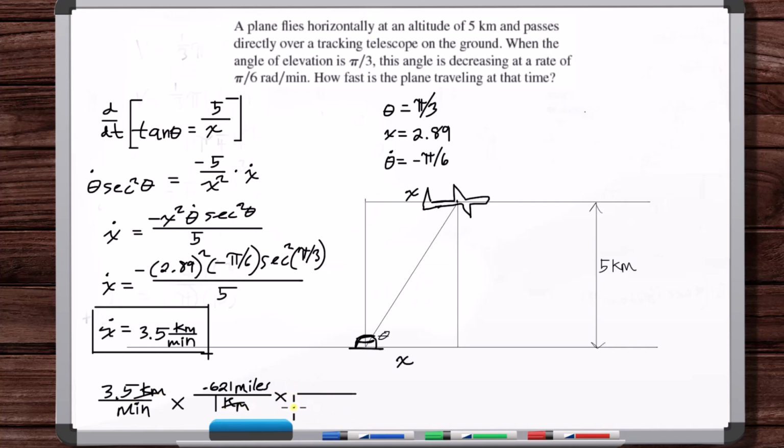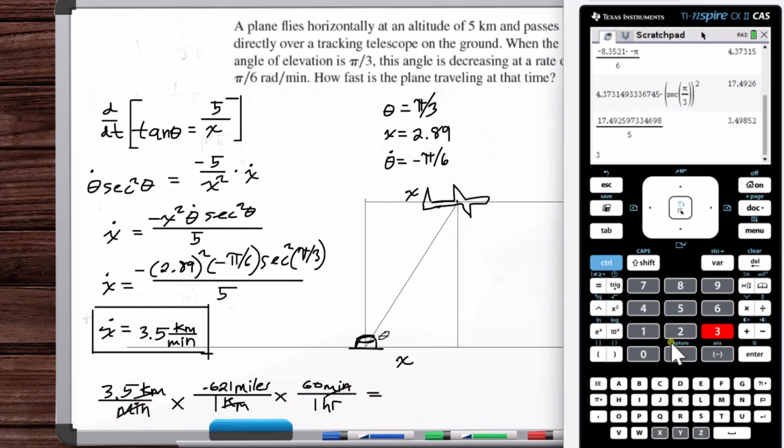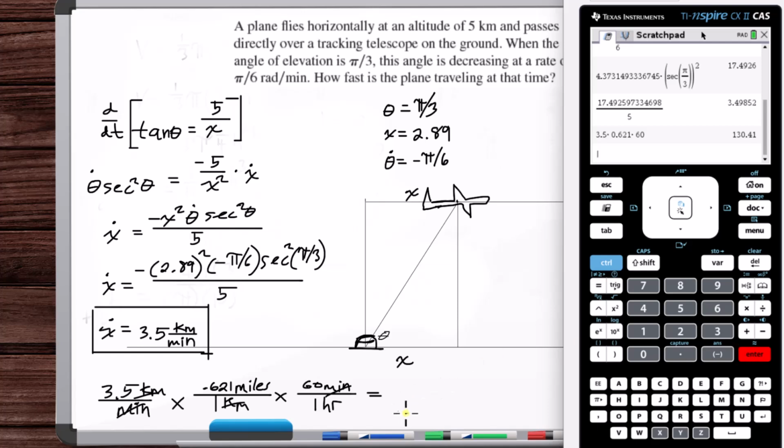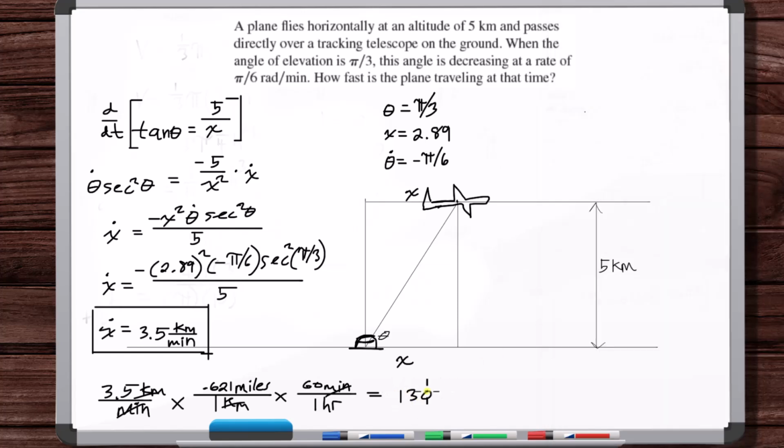There are 60 minutes in 1 hour. So 130 miles per hour.